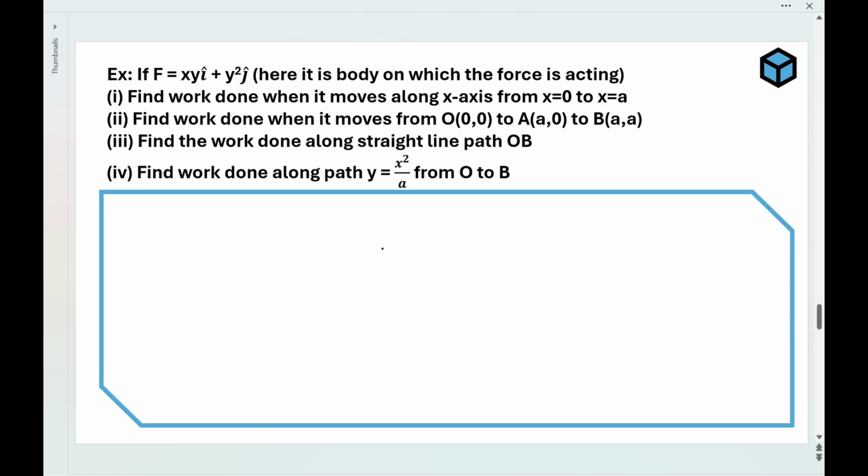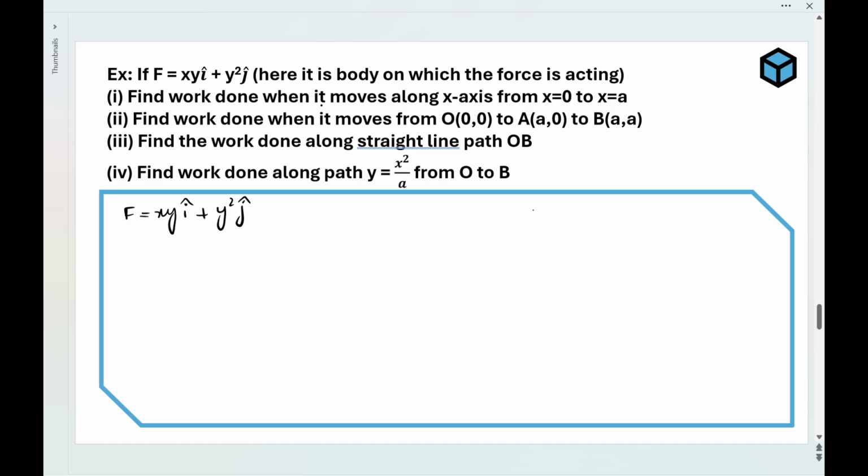And now we will move to the next question. This question is somewhat more complex than the other one, but it is not that complex. I will tell you why. So it is F equal to xy i cap.